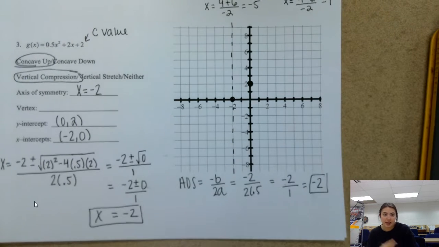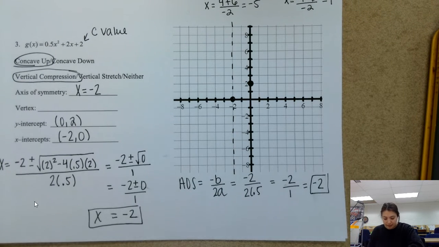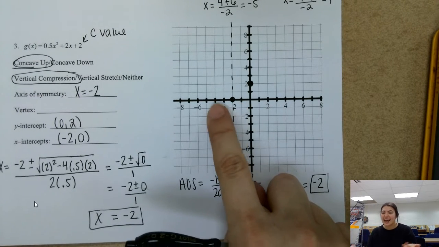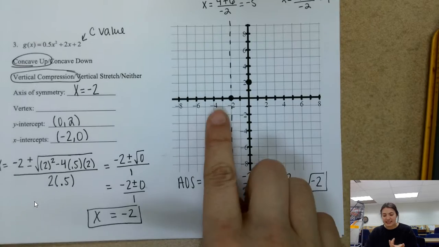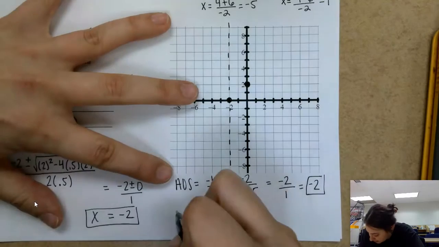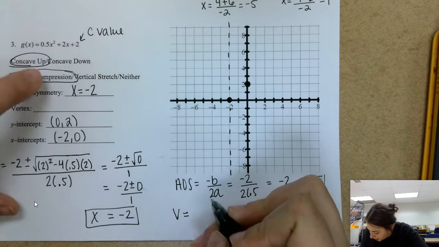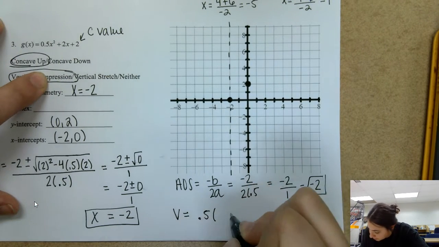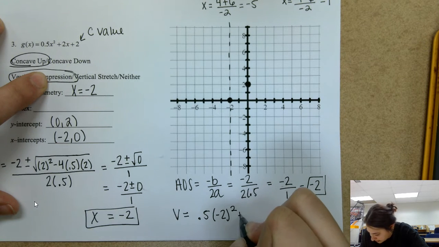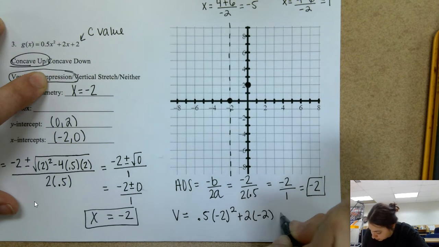Now, our vertex, as you can kind of guess, if we substitute negative 2 in for x, because it's already on the x-axis, and because there's no point lower than that, I think we're already going to know that our vertex is just the x-intercept, but let's just double check. So our vertex is 0.5 times negative 2 squared plus 2 times negative 2 plus 2.